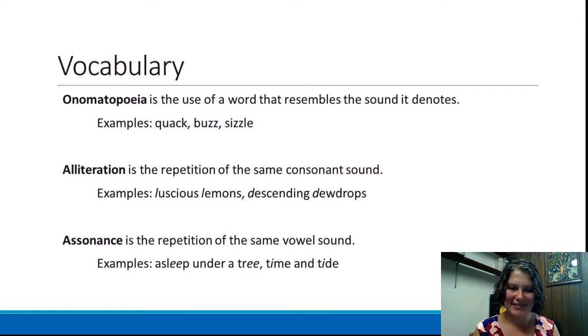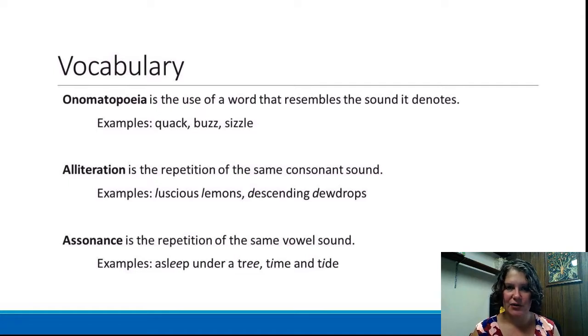The second term that I have here is alliteration. Alliteration is the repetition of the same consonant sound, remembering that a consonant is any letter that's not a vowel. A couple of examples I've given here are luscious lemons, in which you have the repetition of that L sound, and the phrase descending dewdrops, in which you have the repetition of that D sound.